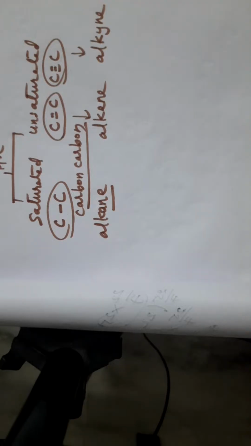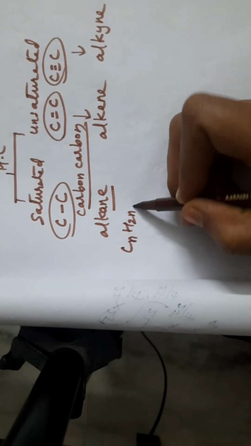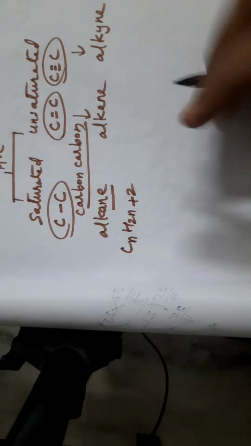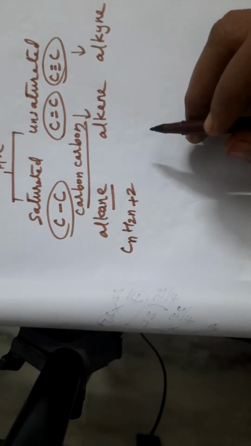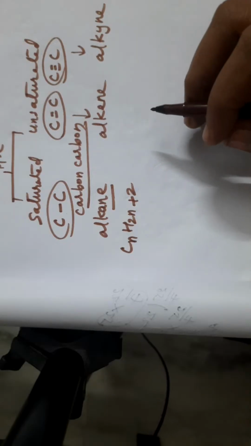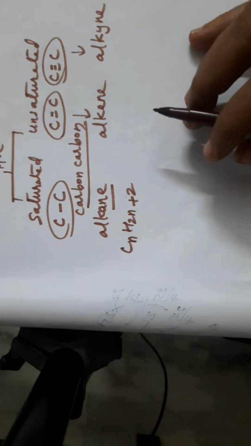What is the general formula of alkane? Alkane general formula is CnH2n+2. These are the basic things. If you revise them thoroughly, you're going to get full marks in this chapter. Very limited things you need to read here. No need to memorize line by line or each and every corner.